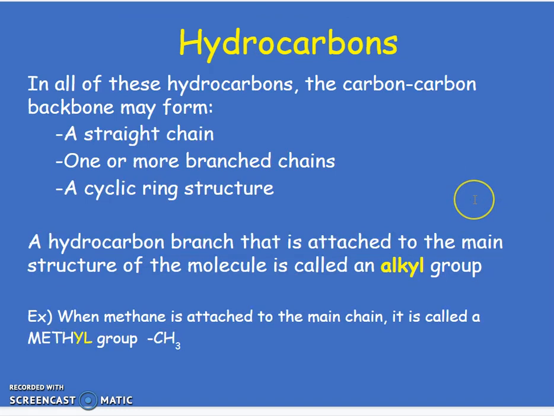Okay, so I've mentioned this already, but hydrocarbons, especially aliphatic, can come in either a straight chain, a branch chain, or a cyclic structure. So we're going to start referring to these things called branches. Okay, so let's see if we can do this here.